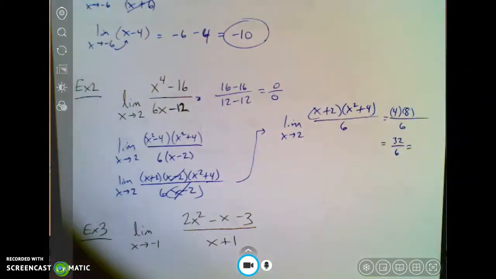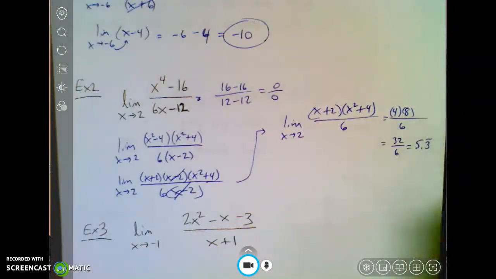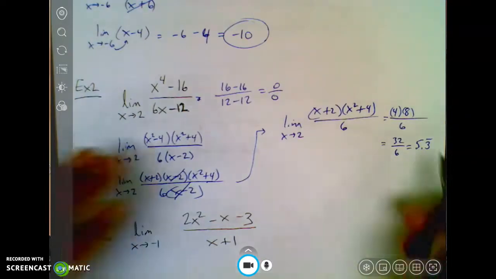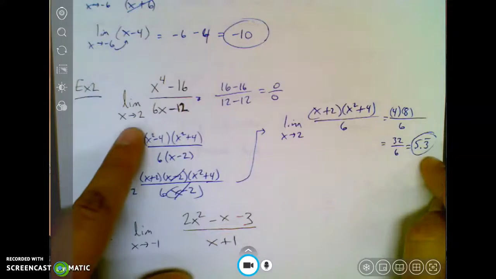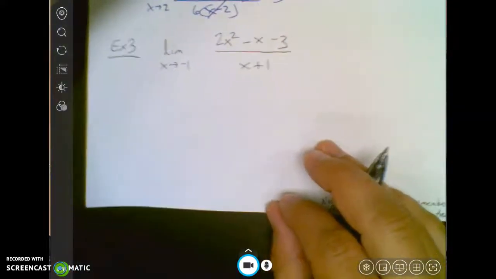Whatever 32 over 6 is, it's 5.3 repeating. All right, so that's that one. And once again, that is the y value the graph approaches as x gets closer to 2. Doesn't ever have to get there. All right, and then we bring up a tough factoring one.